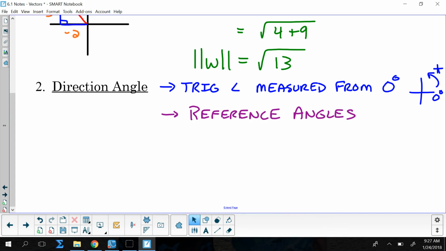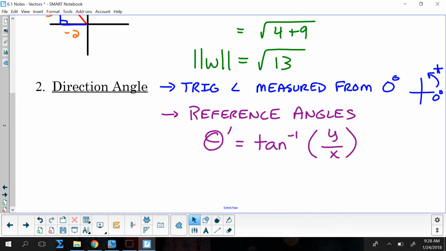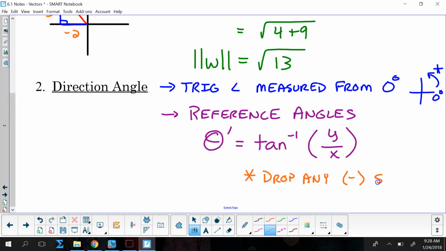Okay? So, in order to find a reference angle, we are going to find theta prime, and that is going to be the inverse tangent of y divided by x, with a kicker, a caveat, if you will, a condition, for lack of a better term, and that condition is we are going to drop any and all negative signs.